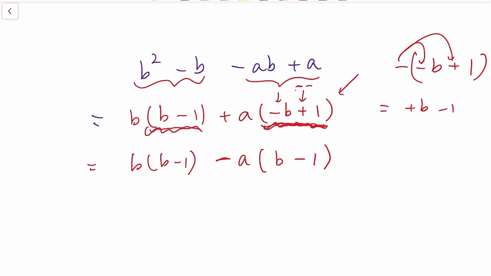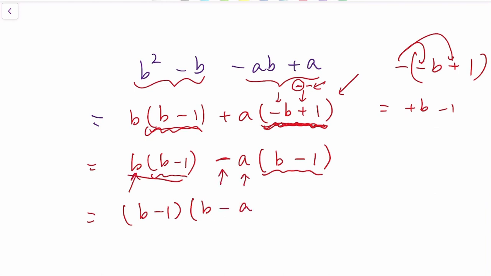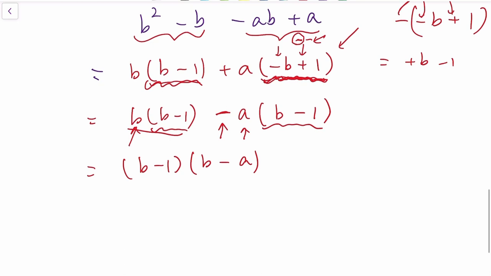So if you have taken out one of the negative, then you have another negative left. Then now, b minus 1 is a common factor that you can take out. So take out b minus 1, and then for the first term, you have b left, then minus. The second term, you have a left. That would be how you do something like this.